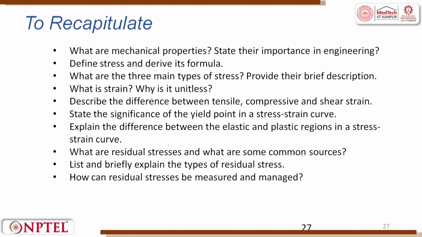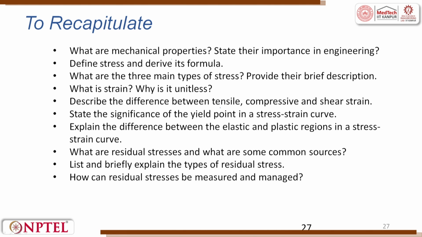A recap of this lecture: we saw what mechanical properties are and stated their importance in engineering. Then we saw the definition of stress and derived its formula. Then, what are the three main types of stress? Tensile, compression, shear. Then, what is strain? Why is it unitless?